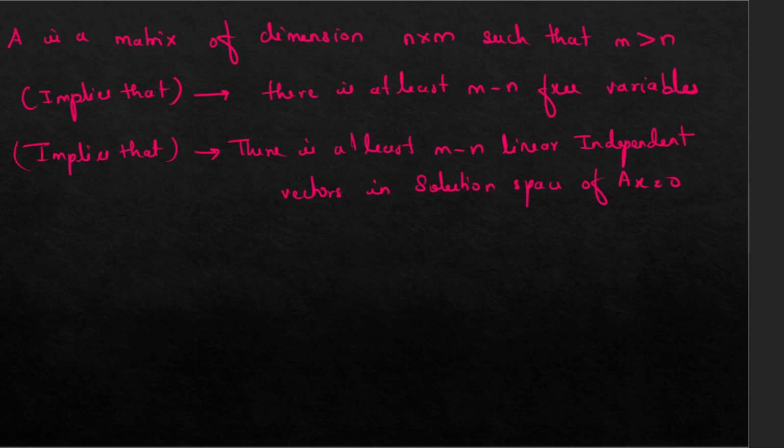Okay. So this is what we can infer from this. So A matrix is of dimension this and m is greater than n. So from this we can infer these 2 points.